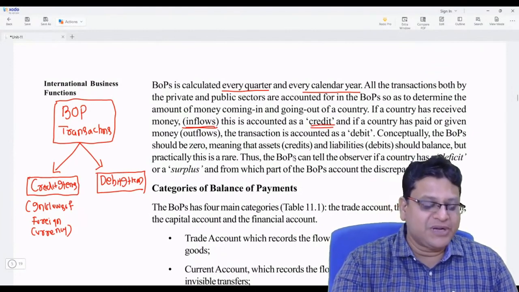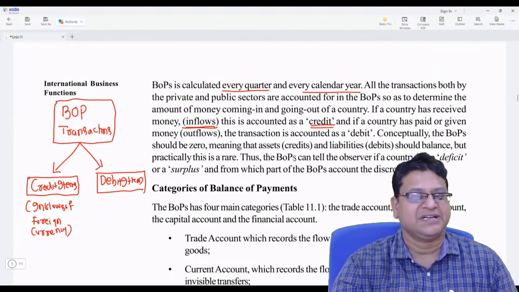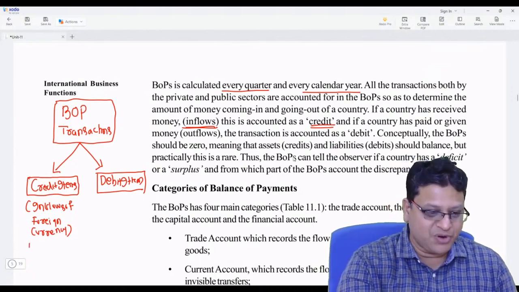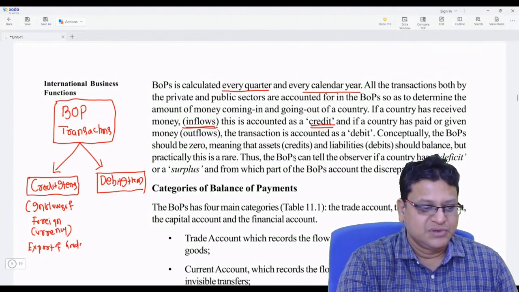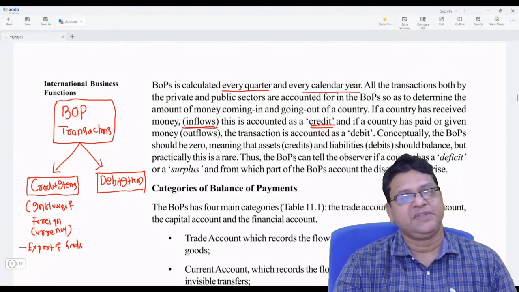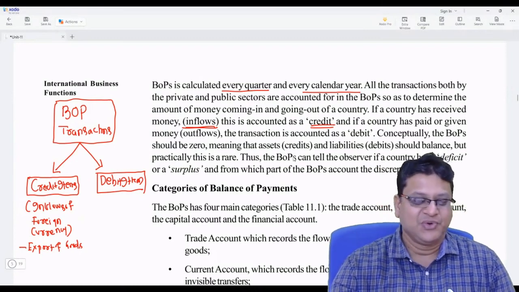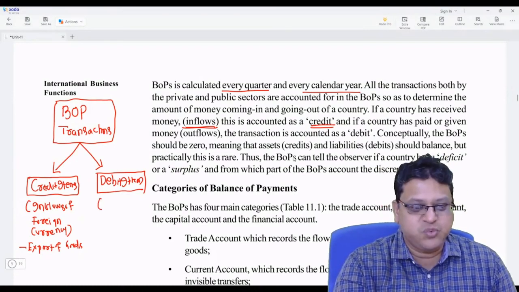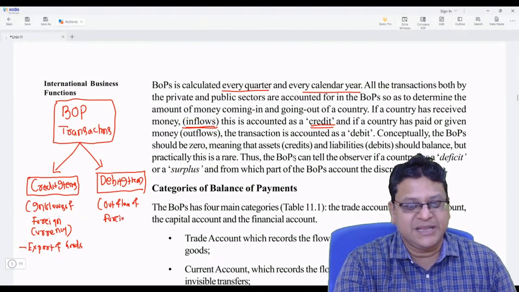For example, if a country exports goods or services, it is a credit item. Next, what is a debit item? Any transaction which results in outflow of foreign currency is known as a debit item.